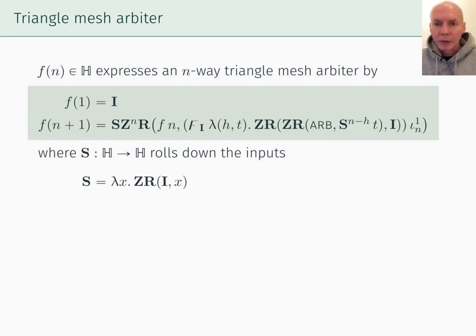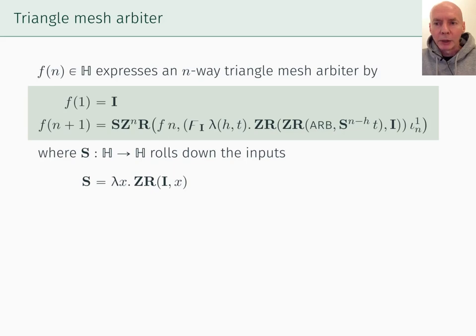That is, the base case of an arbiter with just one input is a wire, and an arbiter with n+1 inputs is some combination of the n input arbiter f of n with this complicated function applied to the list iota 1 to n, where we use the operator S as we have before to express rolling down the inputs on a block by one.